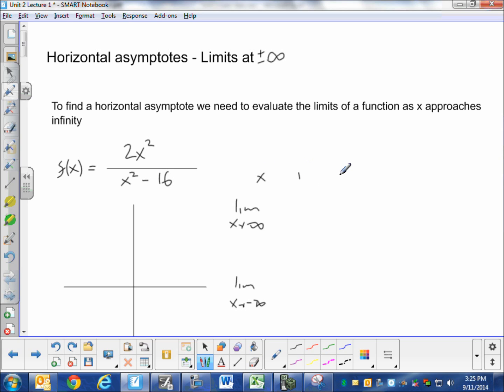So maybe start at 1, but maybe go 10 to the 4th power, maybe 10 to the 20th power, maybe 10 to the 100th power. Those are what we're talking about. Huge numbers we'd be plugging in and seeing what our function would be doing. I'm not going to do that, but I'm just going to tell you, in this case, it trends to 2. And if I looked at negative infinity, I'd be talking about the same values, just negative.